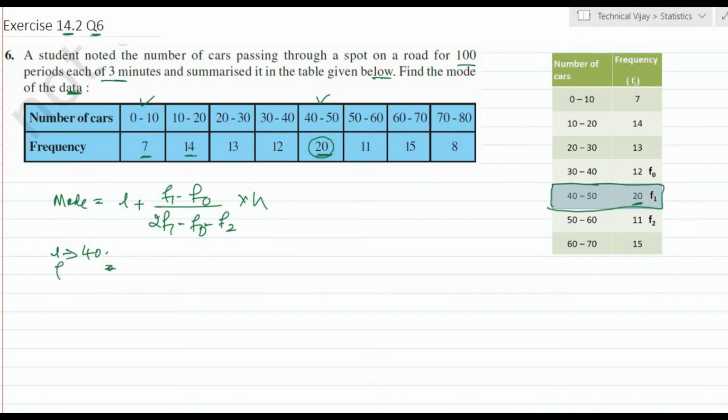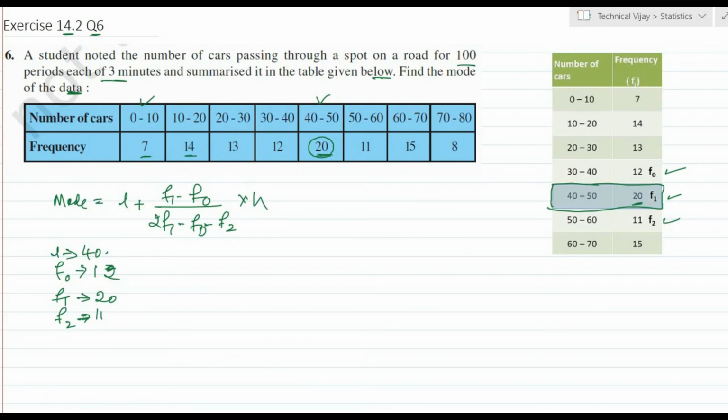And F0, the frequency before the modal class, is equal to 12. Here F1 is equal to 20 and F2 is equal to 11. You see here, this is F2, F1 and F0, and this is 12, this is 20 and this is 11.